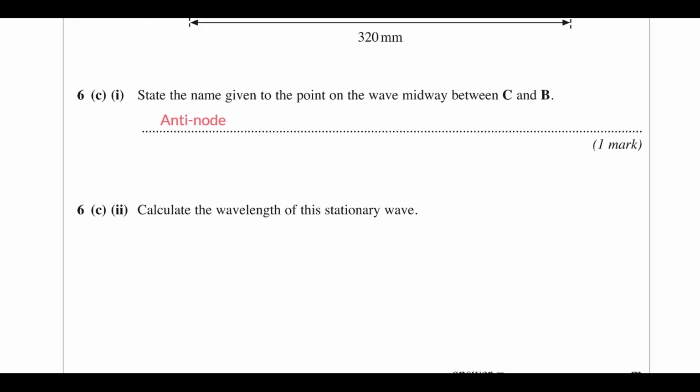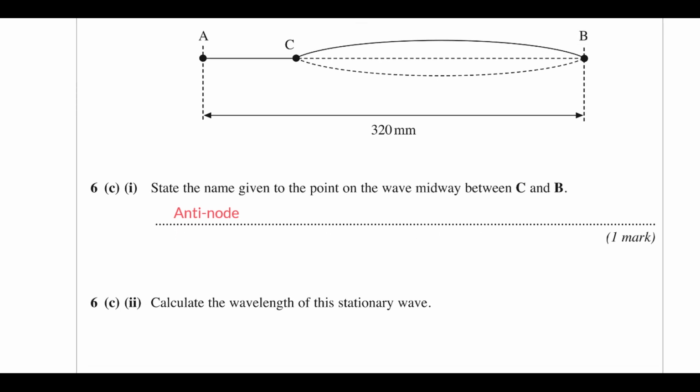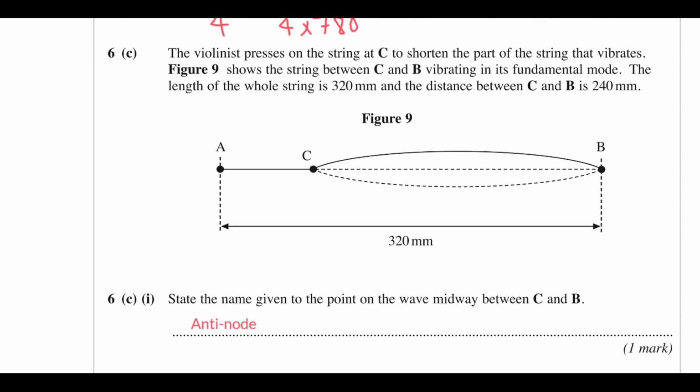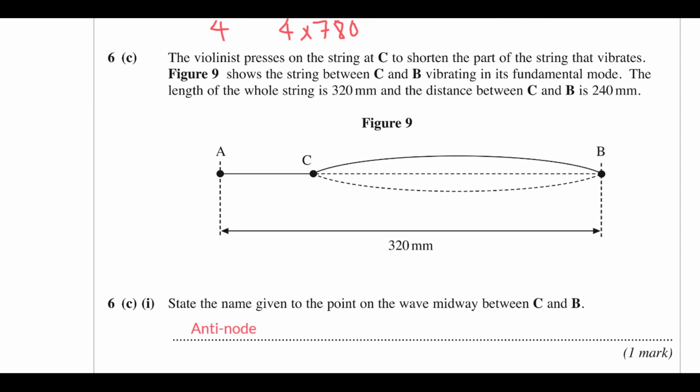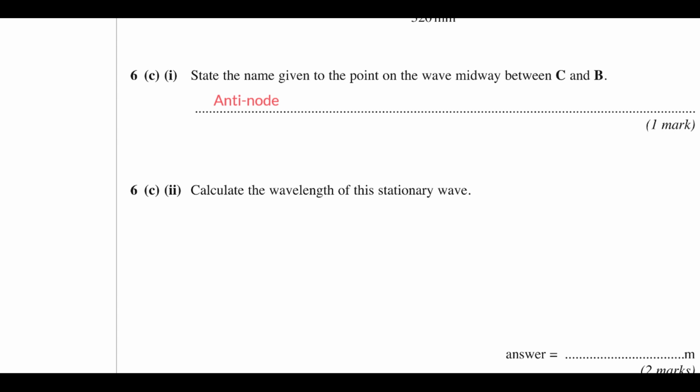Calculate the wavelength of this stationary wave. We've got some values up here. The distance between C and B is 240, and we can see we've got half a wavelength. So the wavelength is going to be 2 times 240.